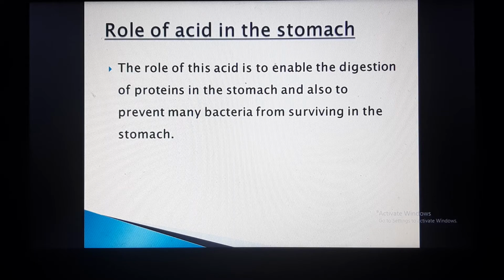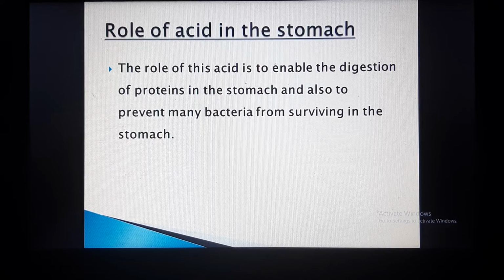And there is one more role, to prevent many bacteria from surviving in the stomach. Sometimes inside the stomach some bacteria are surviving, so we have to kill these bacteria. We need hydrochloric acid in the stomach.